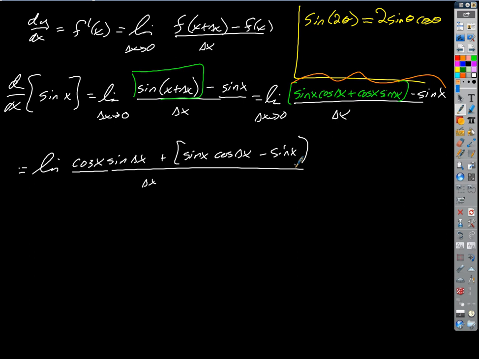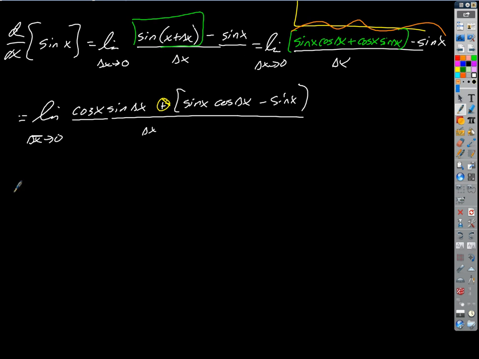Okay, so if I'm taking the limit as delta x approaches 0, we could break this up into 2 separate limits, right? At least in our mind. And I'm going to write them out separately. So this is the plus sign that's going to join the 2 limits.